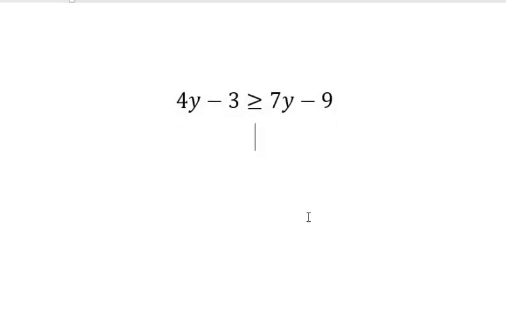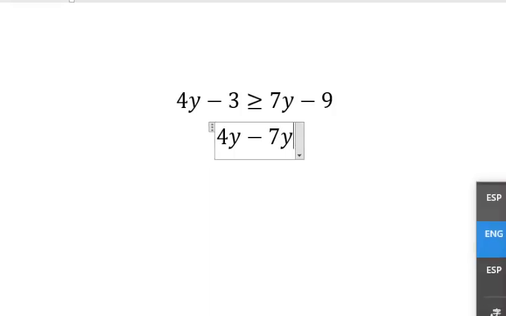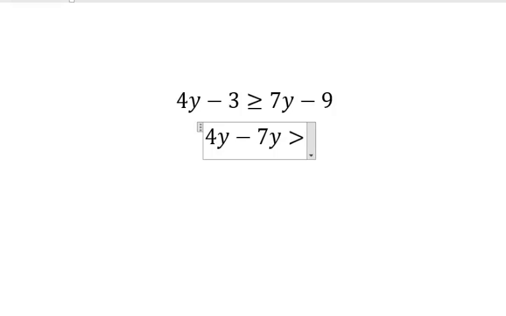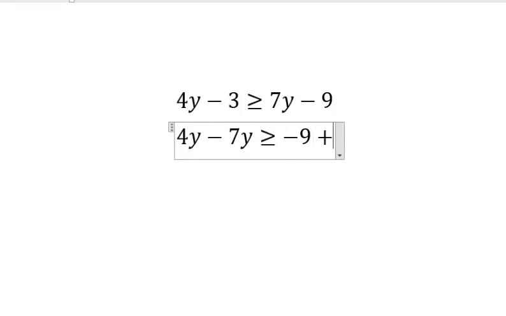Okay, so let's solve this as if we were solving a linear equation. We move the letters to the left and the numbers to the right. So it will be 4y minus 7y greater than or equal to minus 9 plus 3.